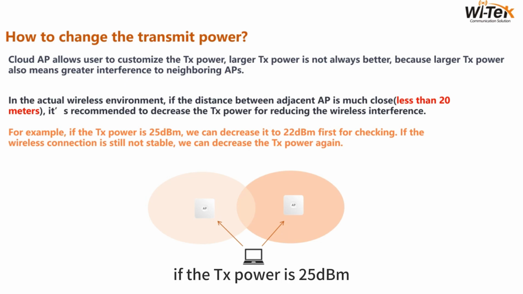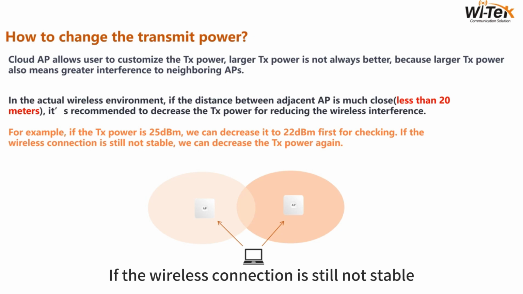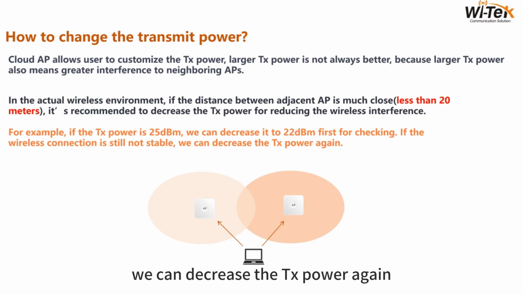For example, if the TX power is 25 dBm, we can decrease it to 22 dBm first for checking. If the wireless connection is still not stable, we can decrease the TX power again.